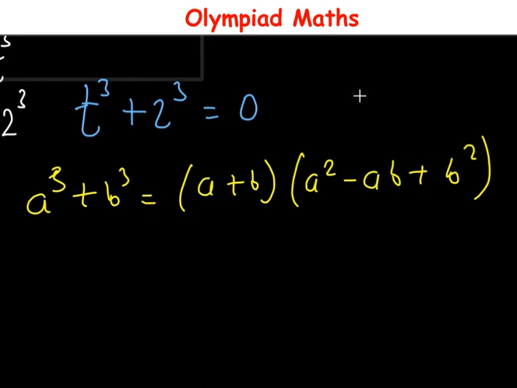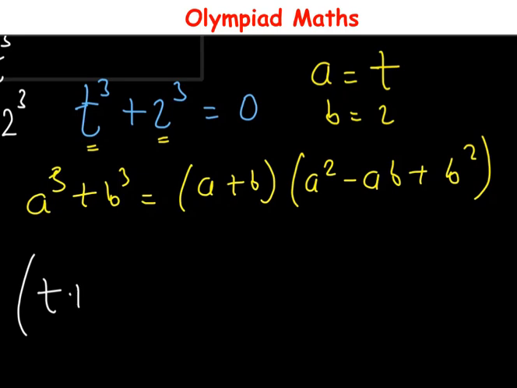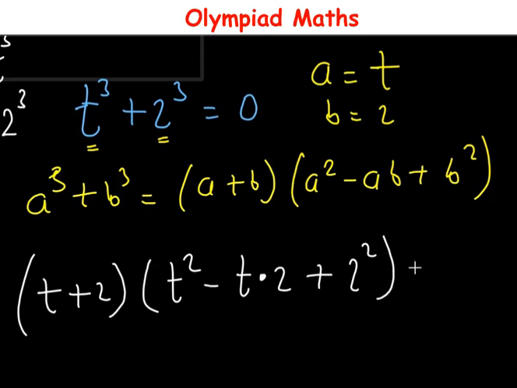So in this case, the value of a is equal to t, while the value of b is equal to plus 2. Therefore, expanding this, we have in bracket a is t plus b is 2, multiplied by a squared. a is t, so t squared minus a is t times b is 2, plus b squared. b is 2, so 2 squared, all is equal to 0.